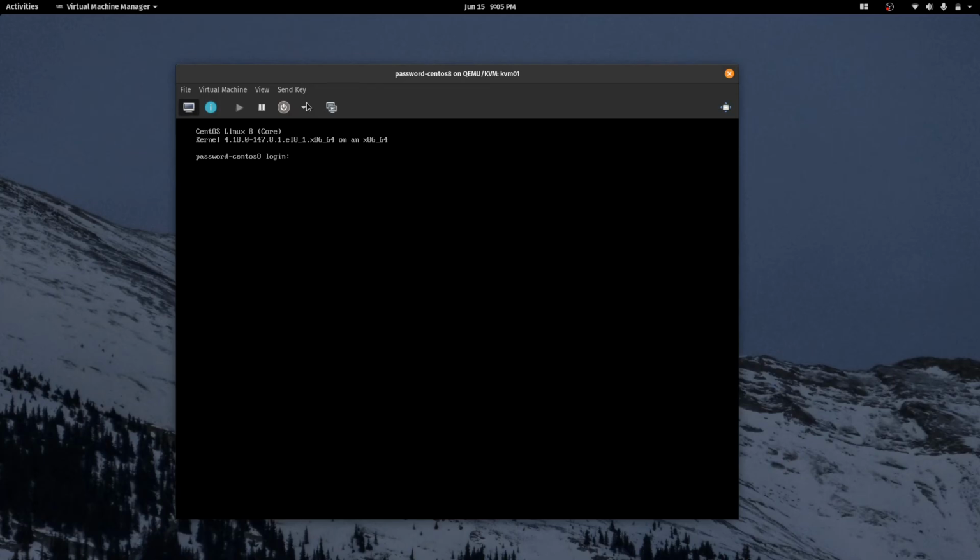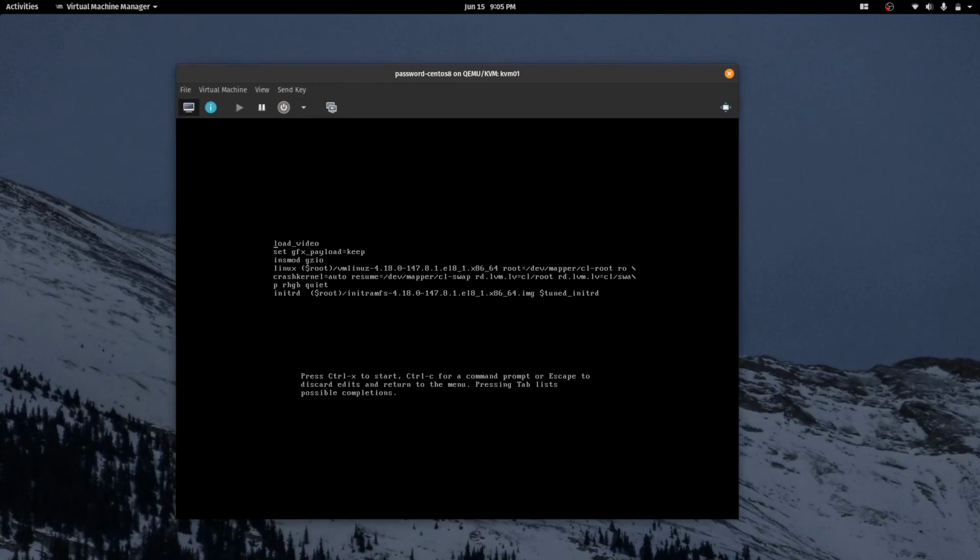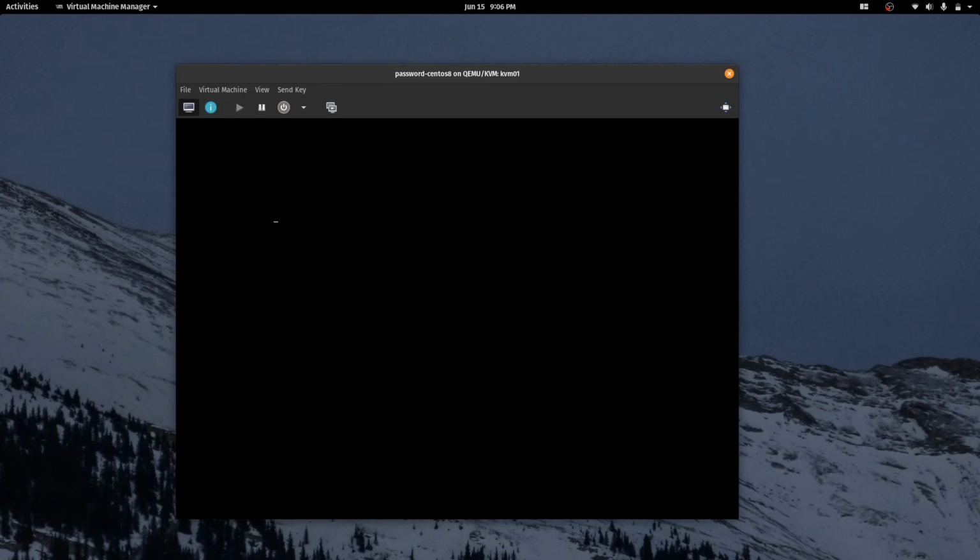So just to make sure I didn't fat finger it, let's do this one more time. So the end of the Linux line, rd.break equals enforcing. All right, so that did not go into initramfs.